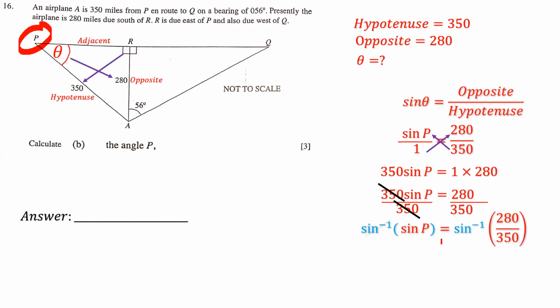And so the sine inverse and the sine cancel each other out. So we're just left with P is equal to sine inverse of 280 divided by 350.